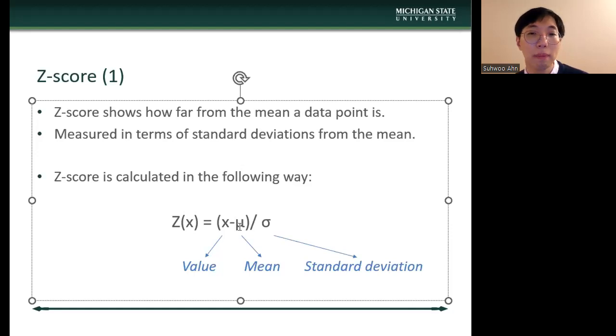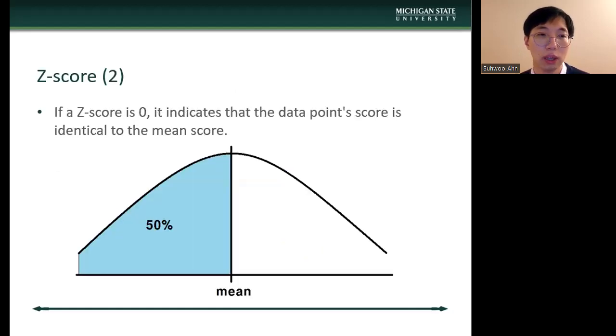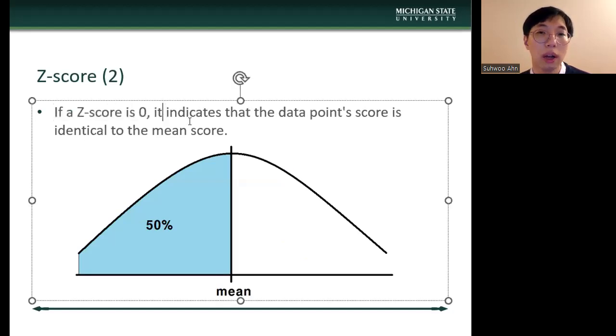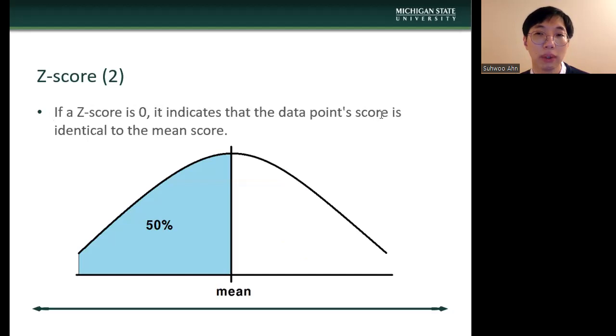And then what is the meaning of a z-score of 0? It means that my value is the same as the mean. If the z-score is 0, it indicates that the data point is identical to the mean score.